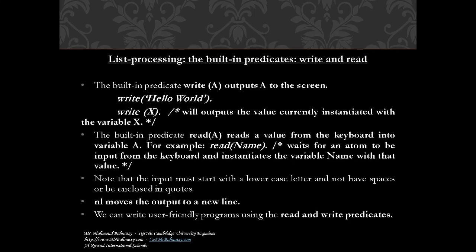Okay, let's learn how to read and write in Prolog. We're going to use the predicates write and read. These are built-in predicates. So if we want to display a message or to display the content of a variable on the screen, we just use the predicate write, followed by the parentheses and the double quotes, and inside it we write the text, or parentheses and the variable.